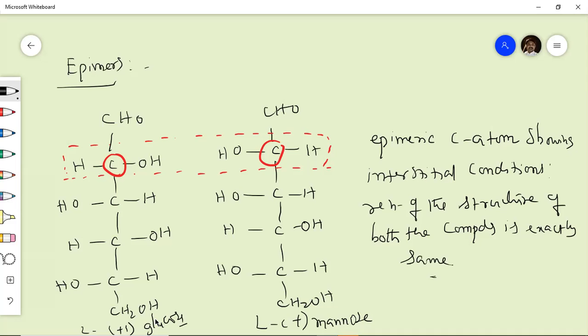You can observe the rest is completely the same. These are called epimers. Like that we have sorbitol and mannitol also. You can try these examples and check them yourself. So this is about epimers.